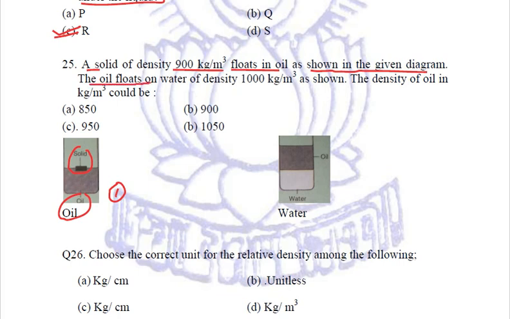The oil floats on water of density 1000 kilogram per meter cube. Now this oil is actually floating over water, right? Now the density of oil in kilogram per meter cube could be, is it 850, 900, 950 or 1050?